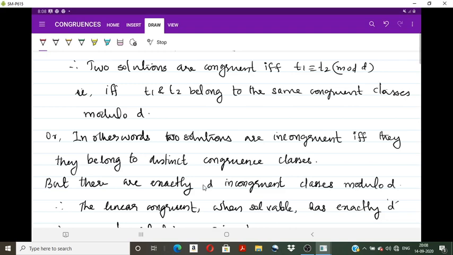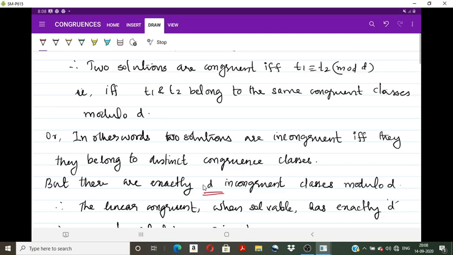But there are exactly d incongruent classes under modulo d. The residue classes modulo d are exactly 0, 1, 2, 3, and so on up to d minus 1.